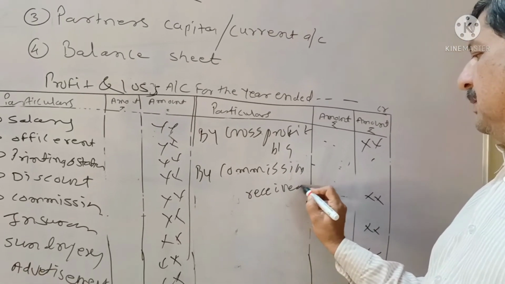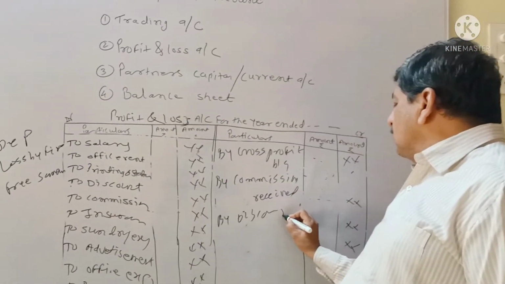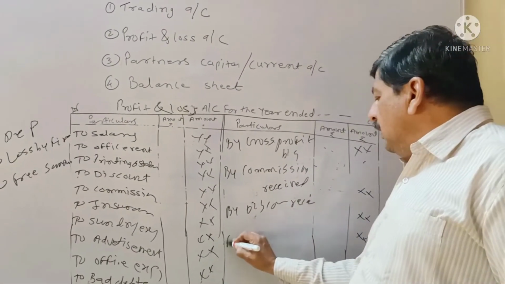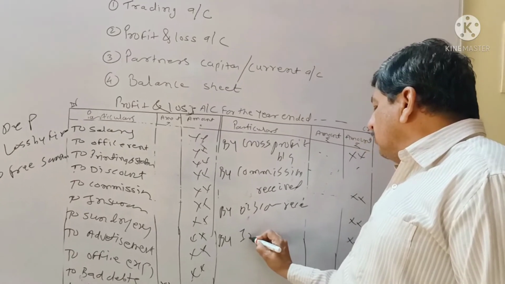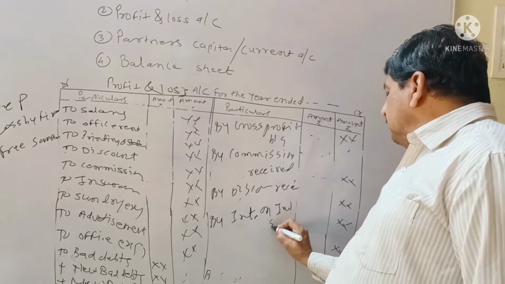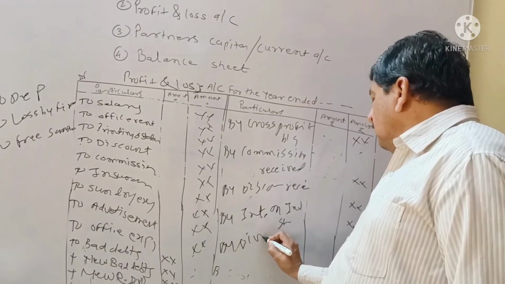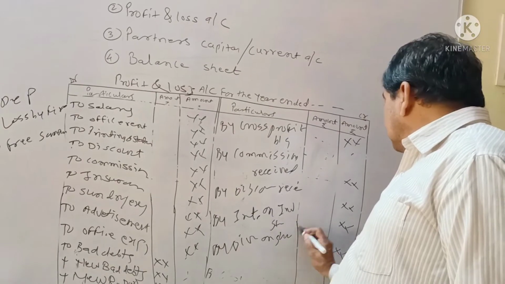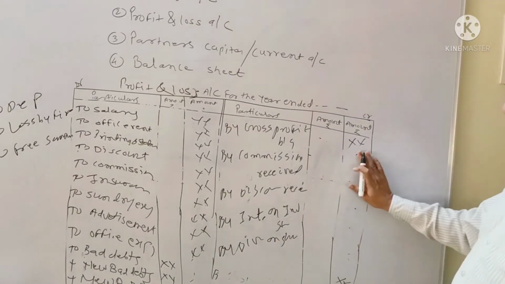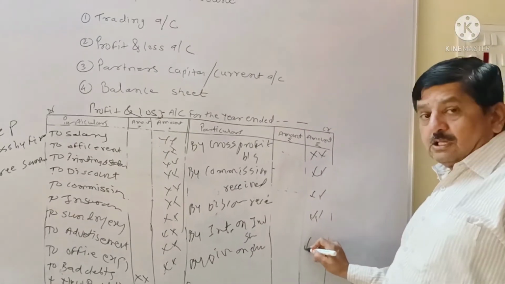By commission received, by discount received, by interest on investment, by dividend on shares, etc. Remaining income is taken on the credit side of the profit and loss account.